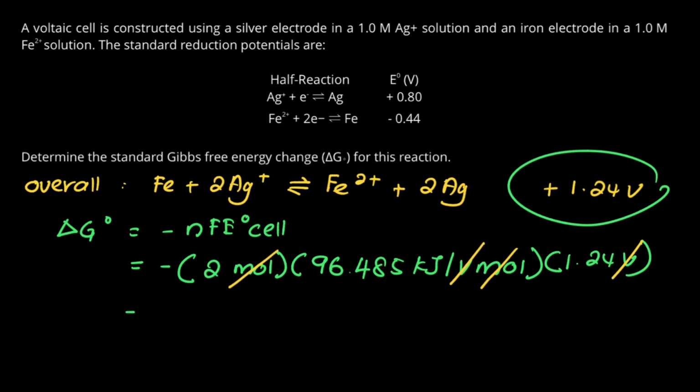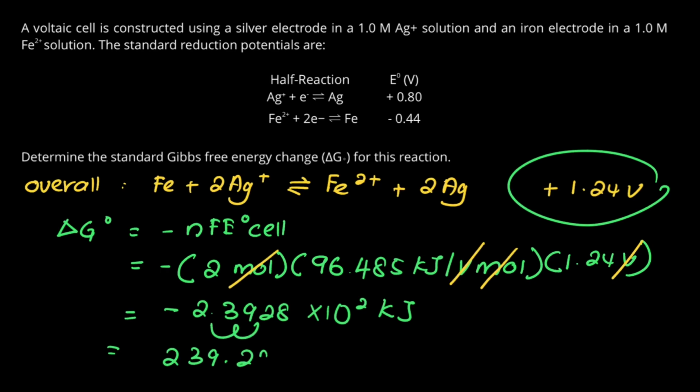You just have to plug these numbers into your calculator. You will get 2.3928 times 10 to the power of 2 kilojoule, which is equivalent to 239.28 kilojoule. So this is the final answer for this question.